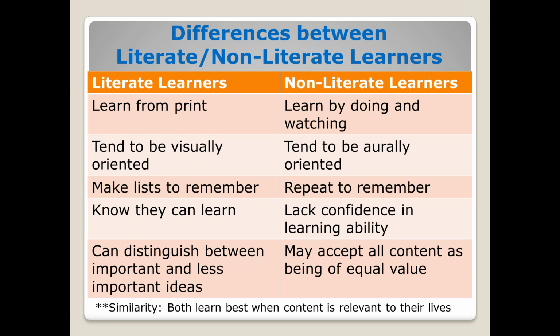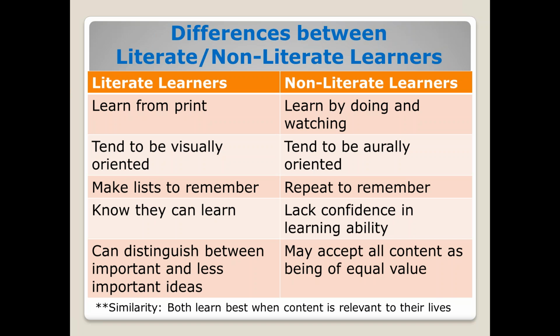I have a chart here, some of the differences between a literate learner and a non-literate learner, how they tend to learn, what they're able to do. So a literate learner often can distinguish between important ideas and less important ideas. Whereas a non-literate learner, a learner who hasn't been to school, in reading, they may accept all content as being of equal value.